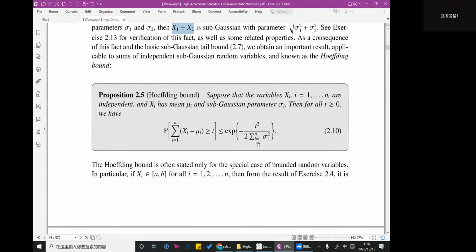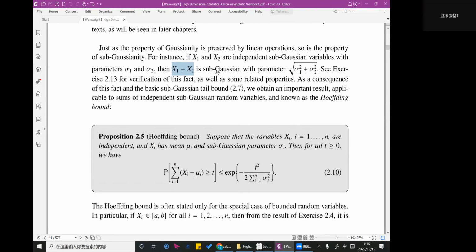Finally, it comes to the Hoeffding bounds. This is very popular. Suppose that we have n random variables which are independent and each has a different mean value and different sub-Gaussian parameter, then the summation of them is also sub-Gaussian like this. So you can get this Hoeffding bound like this.